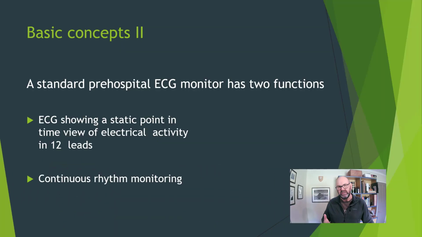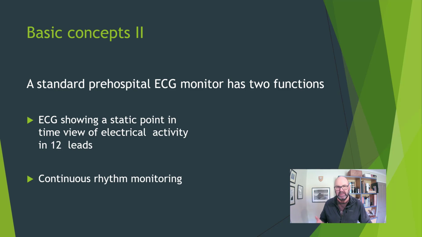In the emergency ambulance services, the majority of continuous cardiac monitoring is done using an ECG machine. The standard ECG reads 12 leads, and these leads are broken down into two groups. There are 6 that have a transverse view of the heart, that is a horizontal view, and they're known as the chest leads.